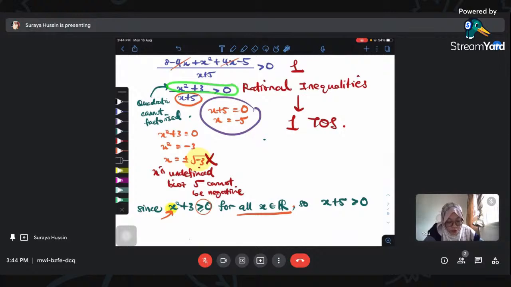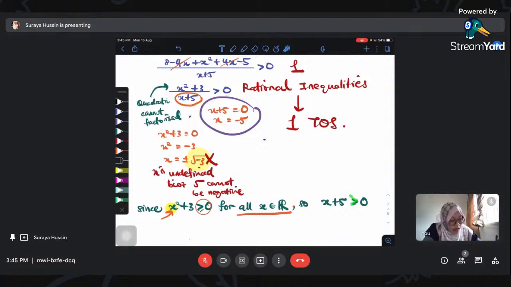Atas boleh more than or equal to 0. Kenapa yang boleh equal? Sebab just in case any number yang dia buat, dia boleh jadi equal. Just in case anyway. Okay, atas memang boleh equal. Atas tak ada masalah untuk ada equal. But kalau bawah ni, can denominator be 0?